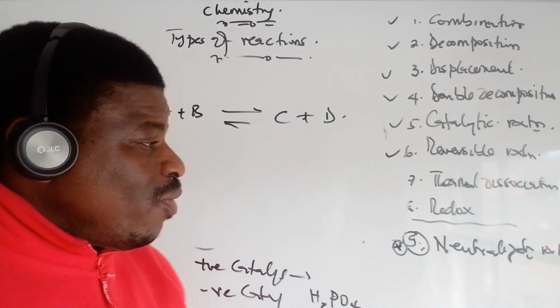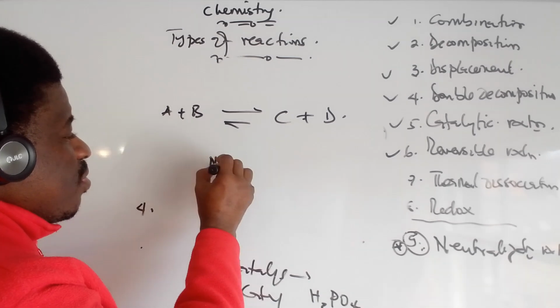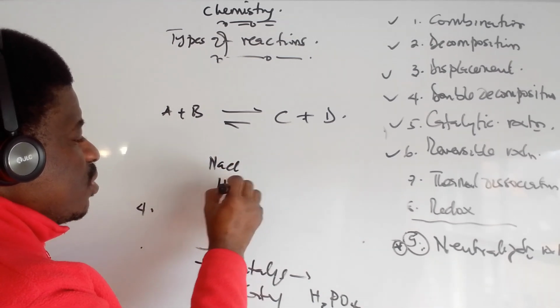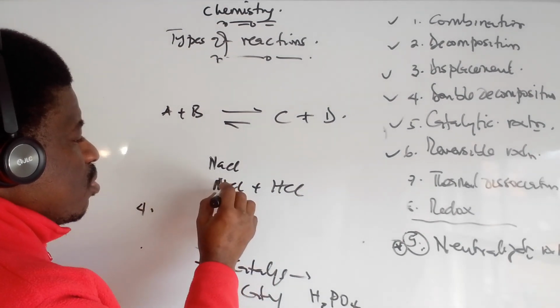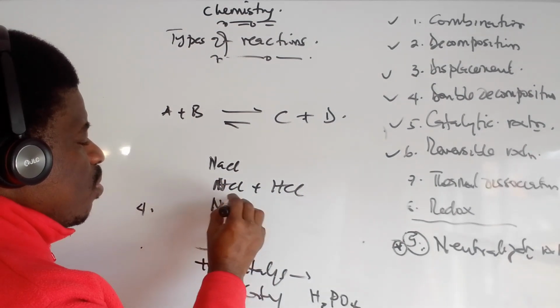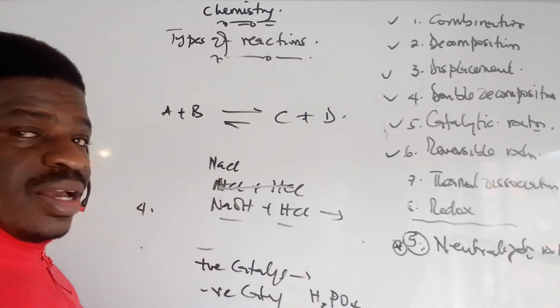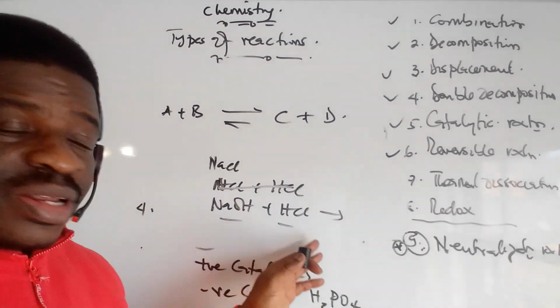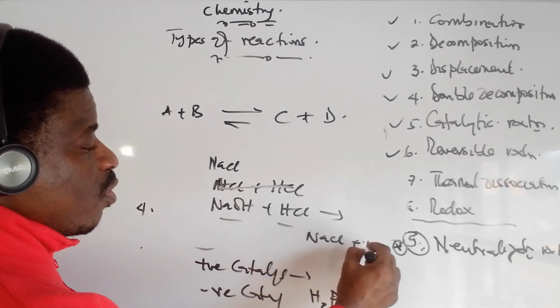And when one of them ionizes, take for example, hydrogen chloride reacting with sodium hydroxide, or sodium hydroxide reacting with hydrochloric acid, acid and base are reacting and produce sodium chloride, salt, plus water.